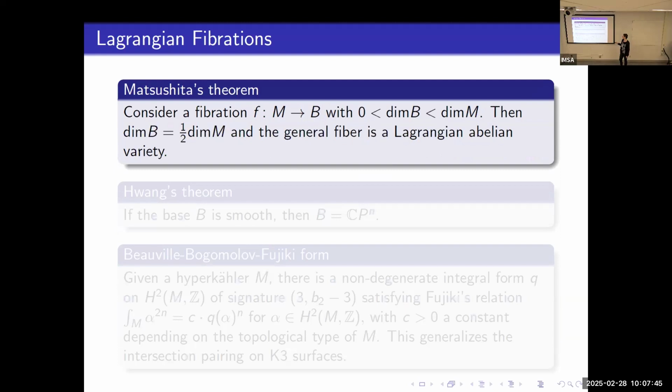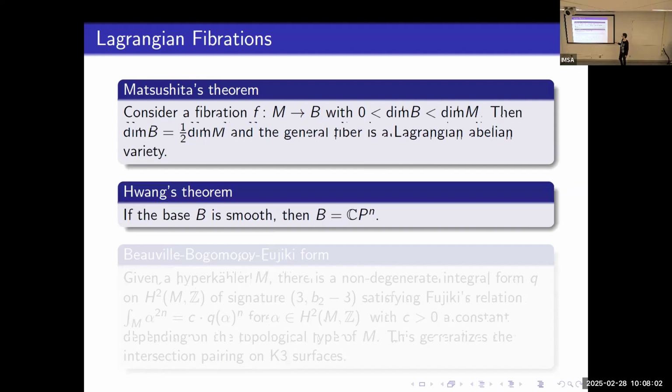Then, by Matsushita's theorem, the base is forced to have exactly half the dimension of M, and the general fiber is indeed a smooth Lagrangian abelian variety. And moreover, Hwang proved that if the base is smooth, then indeed the base is CP^n. Okay, so if you have any fibration structure on a hyperkähler, that's how it looks.